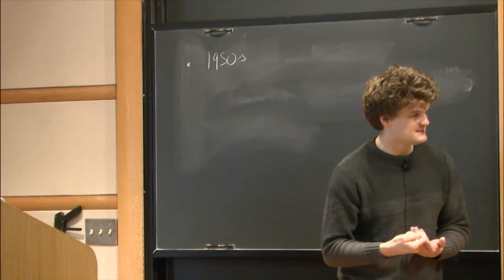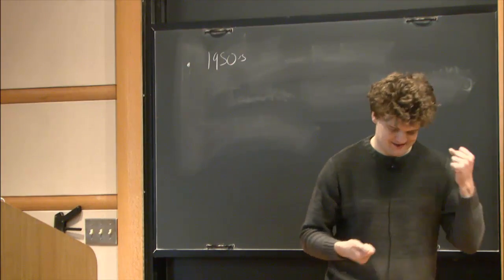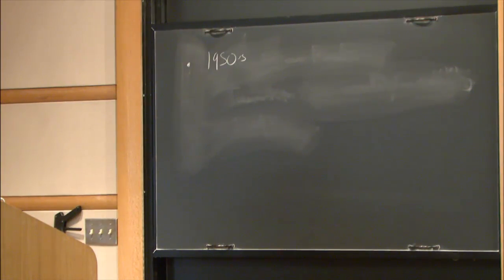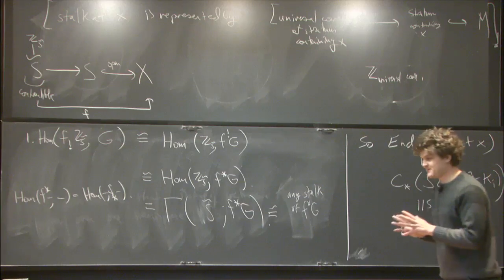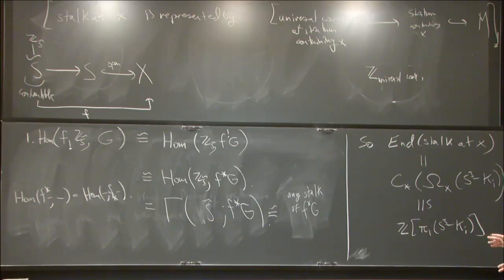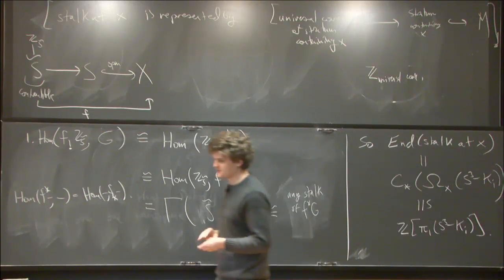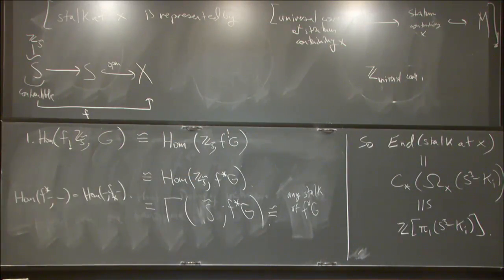Let me just tell you why the fundamental group acts on this object. Because the fundamental group is the same as deck transformations. Deck transformations act on the universal cover. So they act on this constant sheaf on the universal cover.